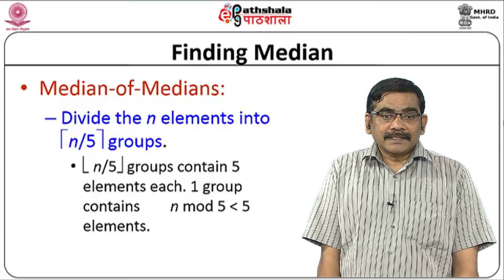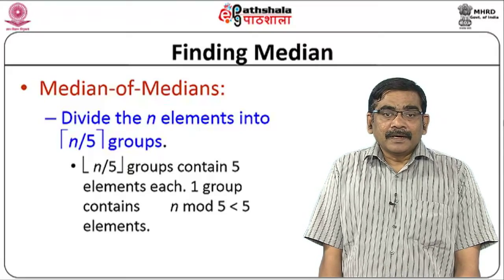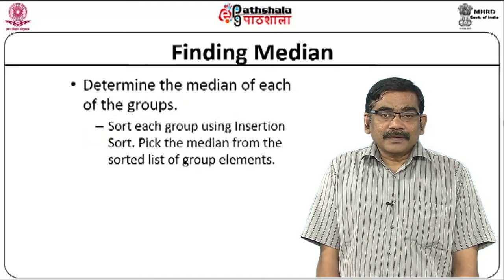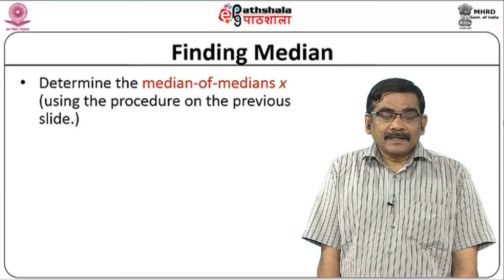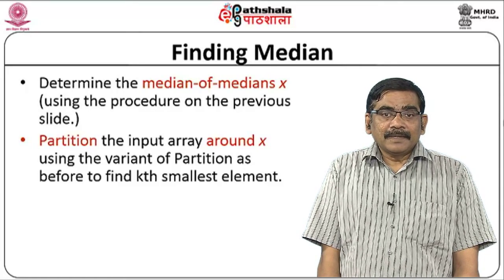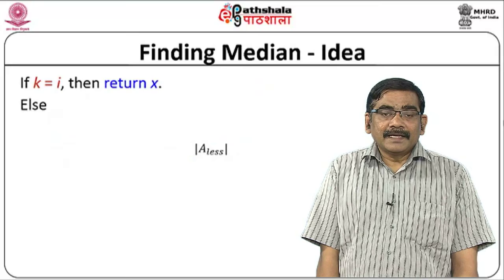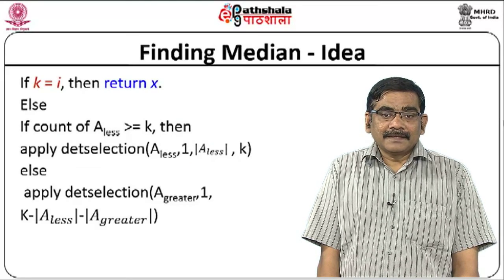The logic is very simple. Try to divide n elements into n by 5 lists. If there are excess elements fewer than 5, they go as a separate group. Determine the median of every group. Then once you have the medians, you find the median of all the medians.